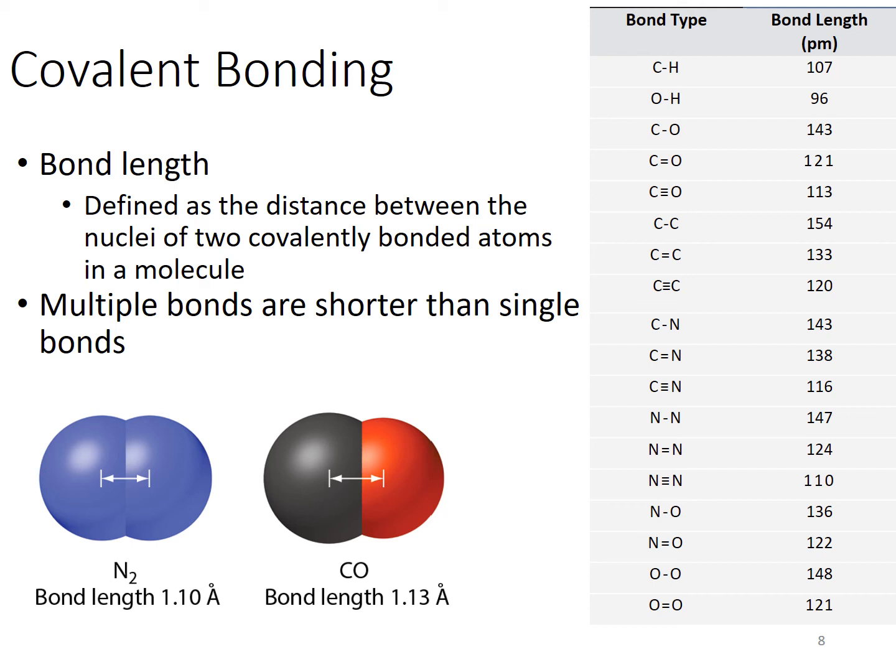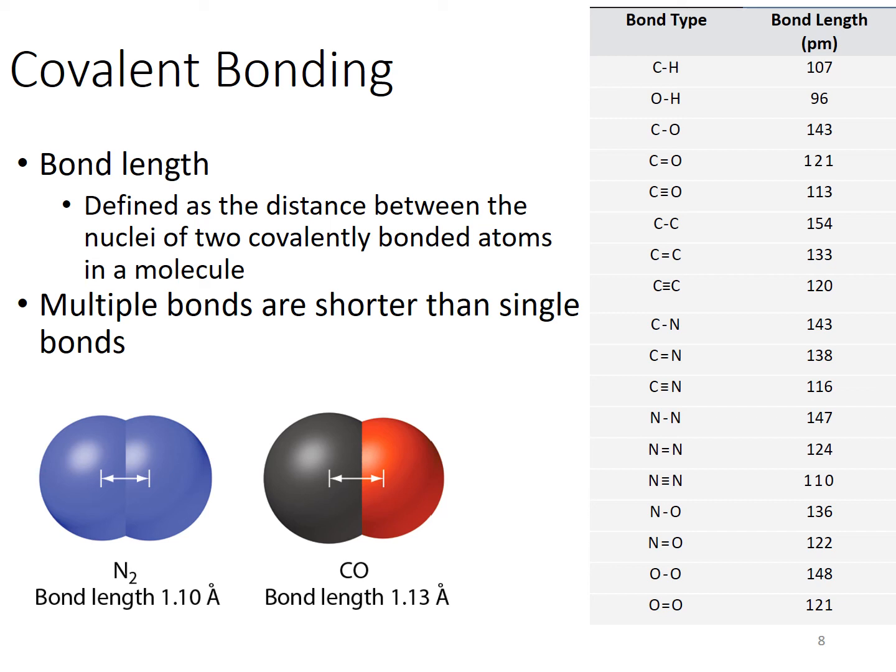So just in taking a look, you have carbon monoxide, 1.13, N2, which is 1.10. So nitrogen for N2 is N2 gas, and that was a triple bond. It's a very strong bond, so it's a very short bond. So this also pertains to strength. So multiple bonds tend to be stronger, and they tend to be shorter than single bonds.